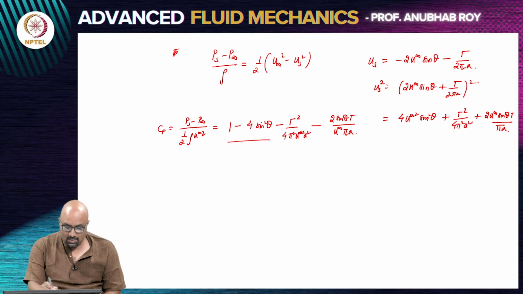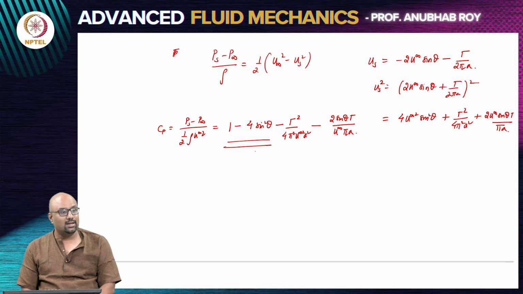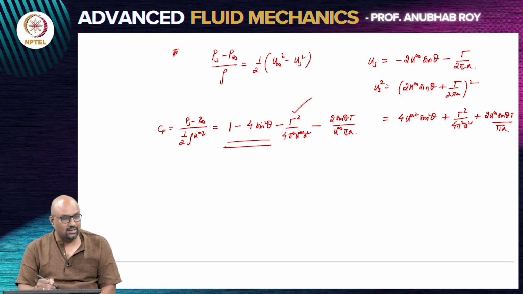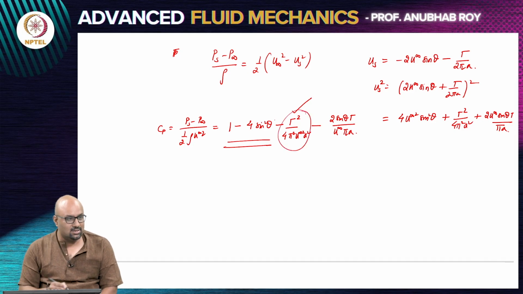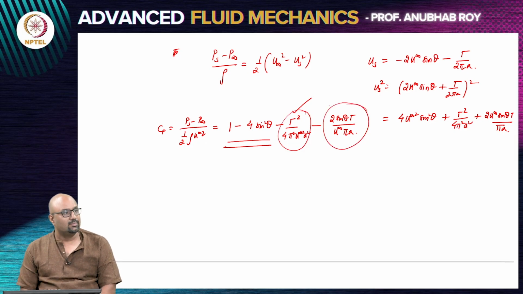So this was the pressure coefficient that you had in the zero circulation problem. This is a constant that comes in from the pure point vortex part. This is not breaking the symmetry, this is just a constant. The symmetry is broken by this term.